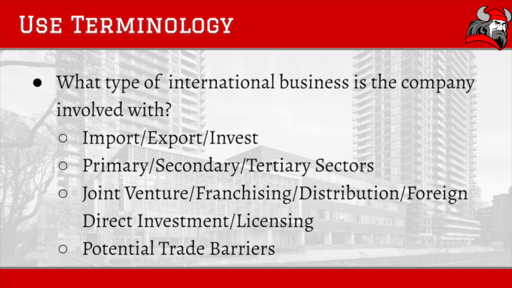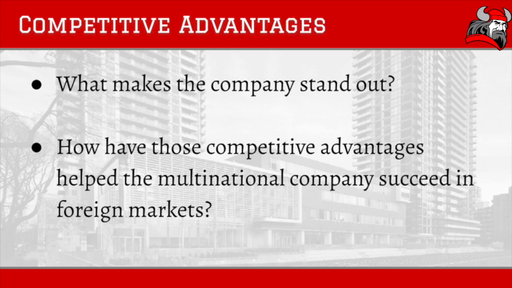Or, an automotive company might be affected by the U.S., Mexico, Canada trade agreement, and how that has impacted cars made in North America. So the last chapter before this one was about competitive advantages. So please, identify what makes the company stand out, and why have those competitive advantages helped in the country that it is operating in.